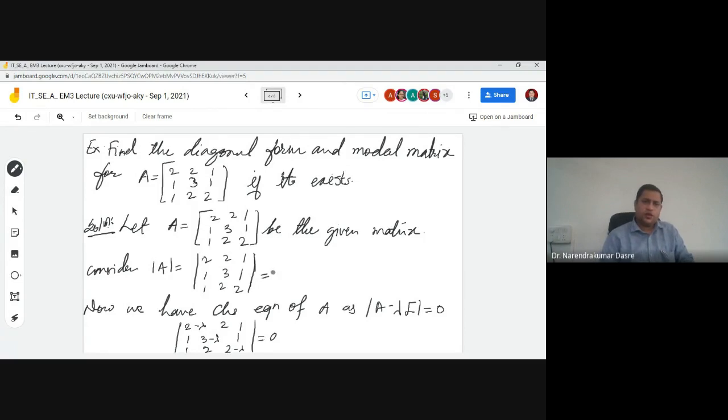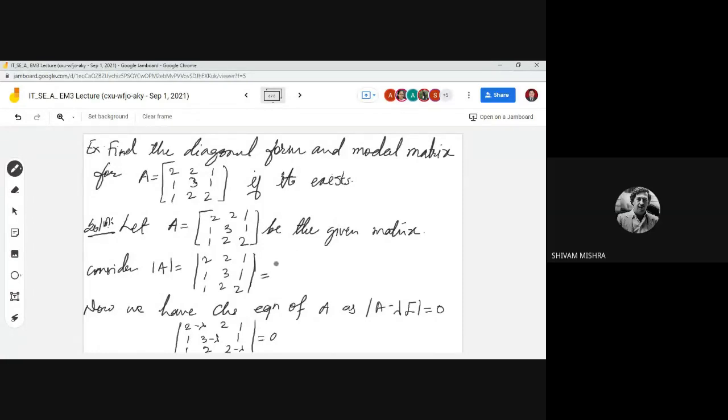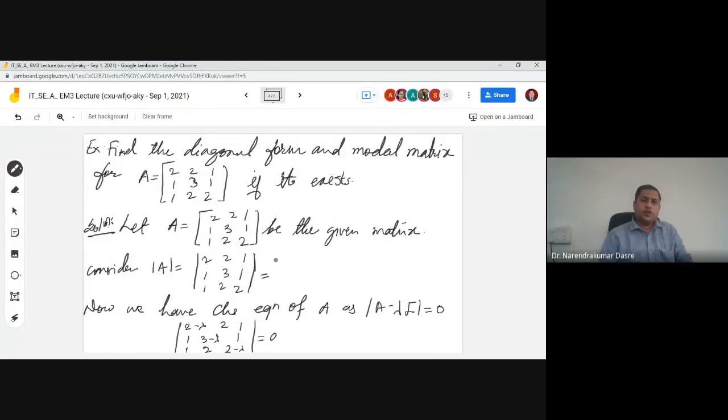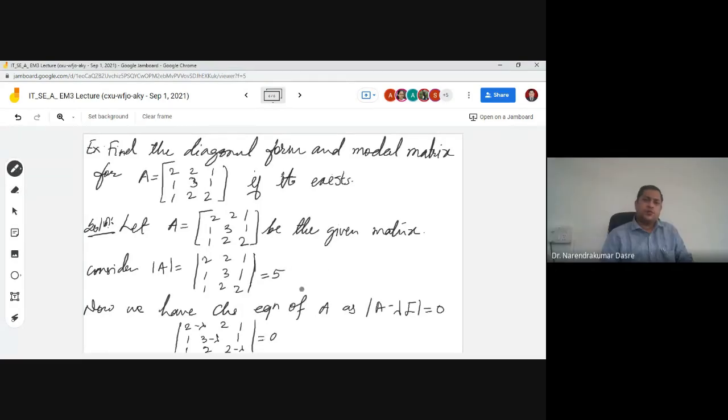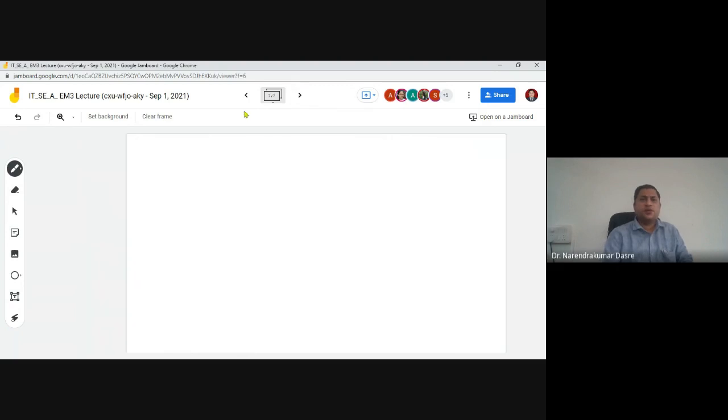What is the value of the determinant now? 5. If 1, 1, 5 are your eigenvalues, then the determinant will be 5, no? Yes, sir. So we can have 5 and then 1, 1, 5.